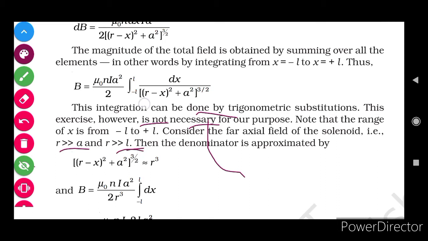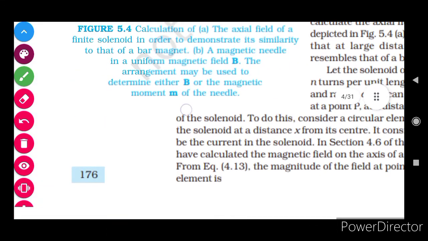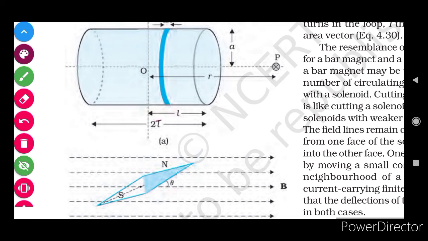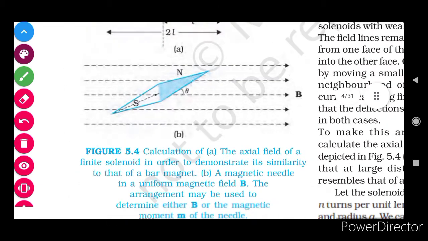Then we can ignore a and l, because x is also very small. If l is small compared to the radius and the distance from the point where we have to find the magnetic field, then x obviously becomes small. So we can neglect them.